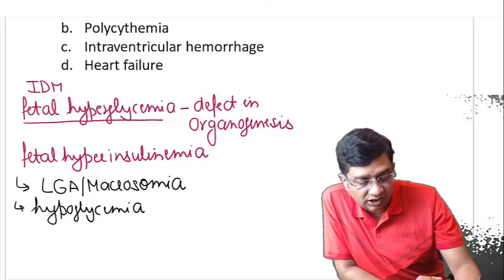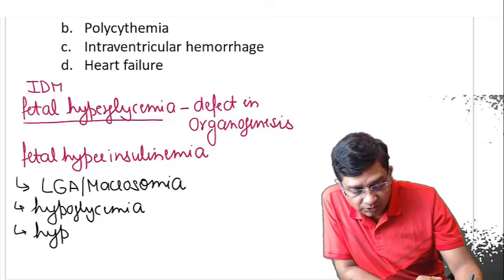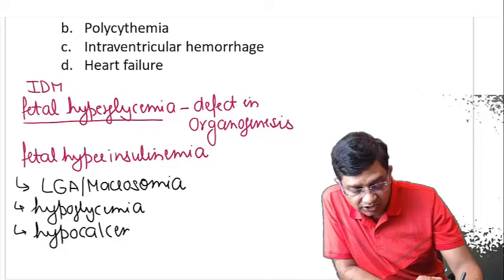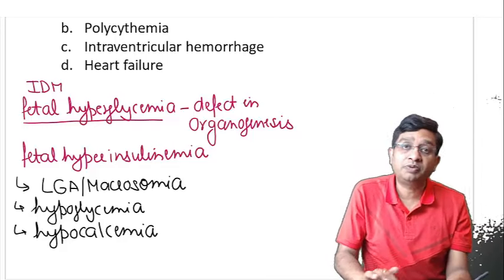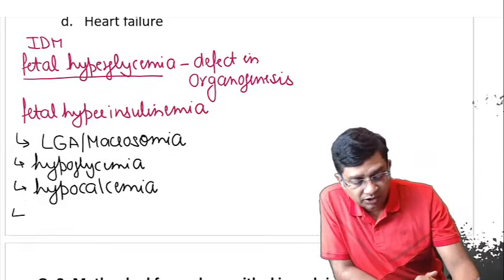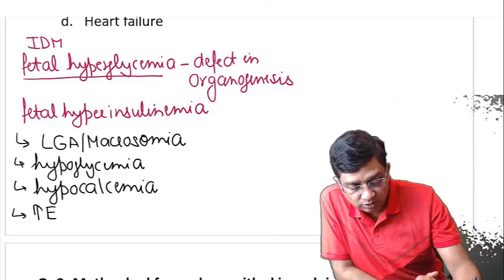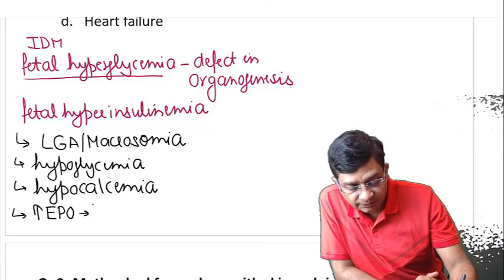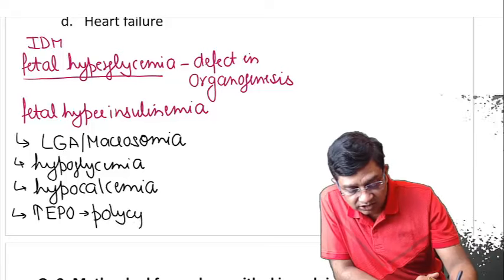Then there can be hypocalcemia, because insulin prevents PTH release. Then insulin also stimulates erythropoietin, and due to this there is polycythemia.